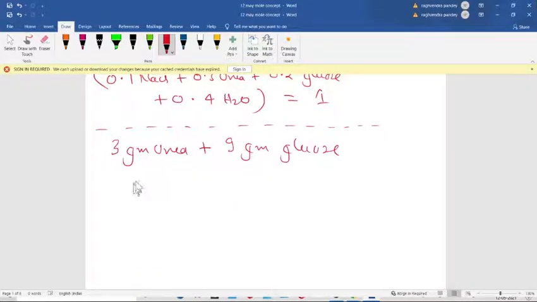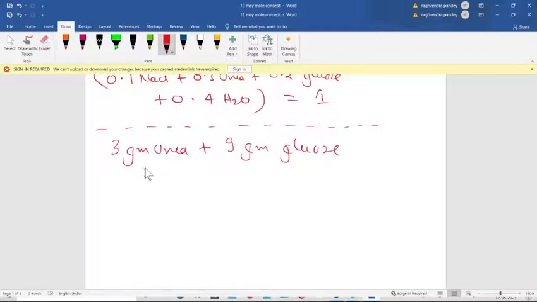So here if we want to find the mole fraction of, say, glucose, first you have to find the total moles, then you have to do all this calculation. So let's first find the moles of urea.